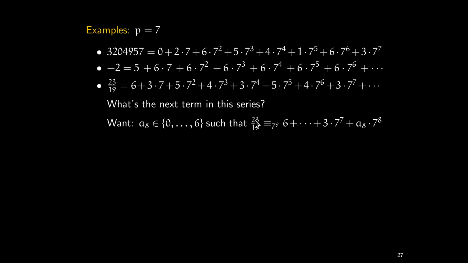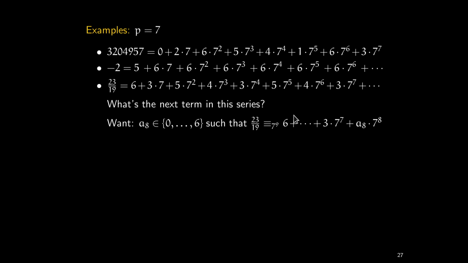And the condition is that the rational number should be equivalent mod the next power of 7 to whatever we had before, plus the new term times 7 to the 8, that is still unknown.